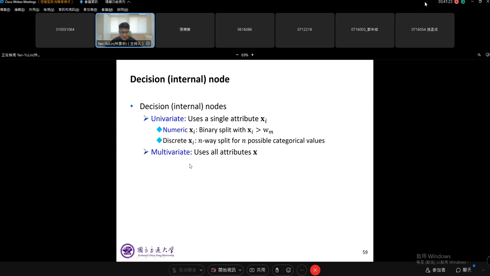Compared to a univariate decision node, a multivariate decision node uses all attributes to control the decision function. Okay. In practice, we often use univariate decision functions for simplicity and efficiency.